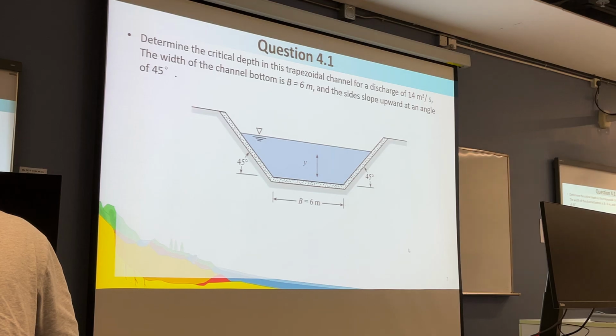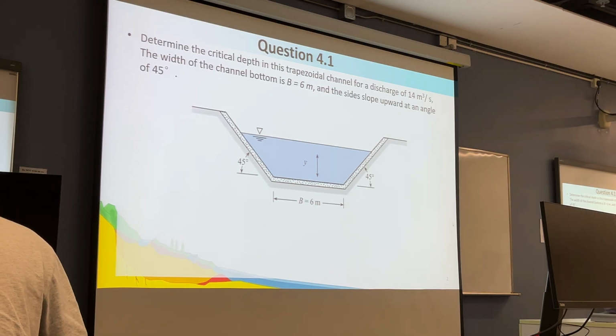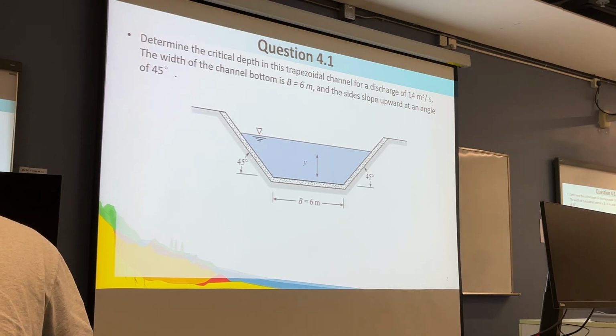Tutorial 4, question 1. Determine the critical depth in this trapezoidal channel for a discharge of 40 cubic meter per second. The width of the channel bottom is B equal to 6 meter, and the side slope towards the upward at an angle of 45 degrees.